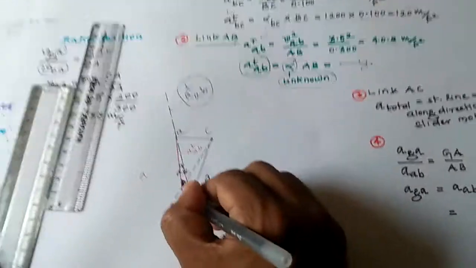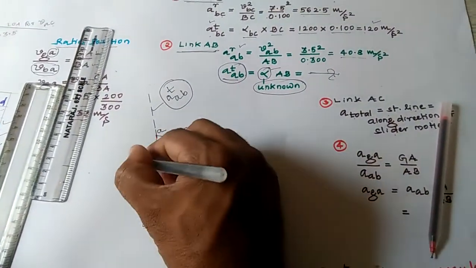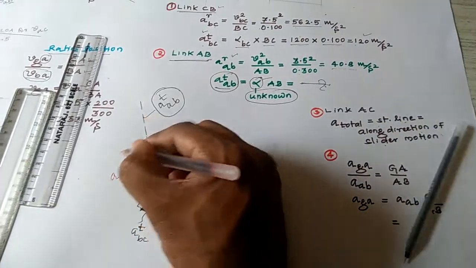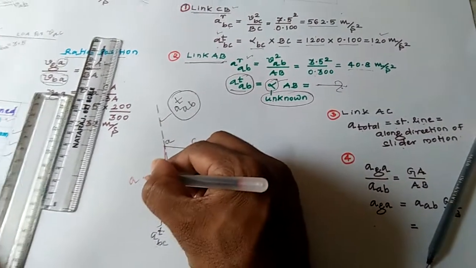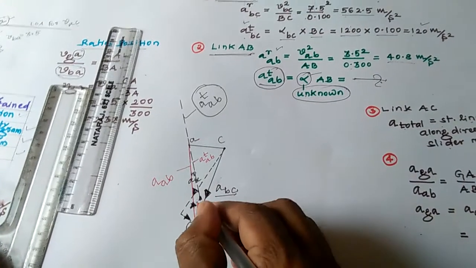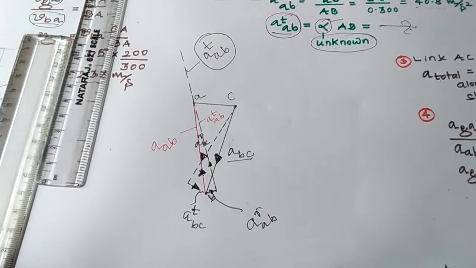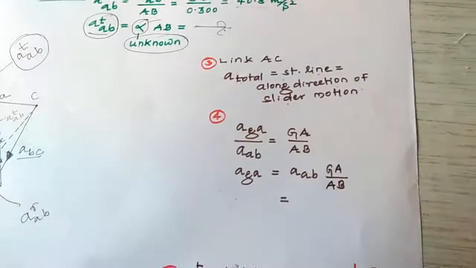This comes as the resultant. Then I can say that is the acceleration of A with respect to B. You find the alignment, the direction is also important. Then you got this also. I completed this velocity acceleration diagram.